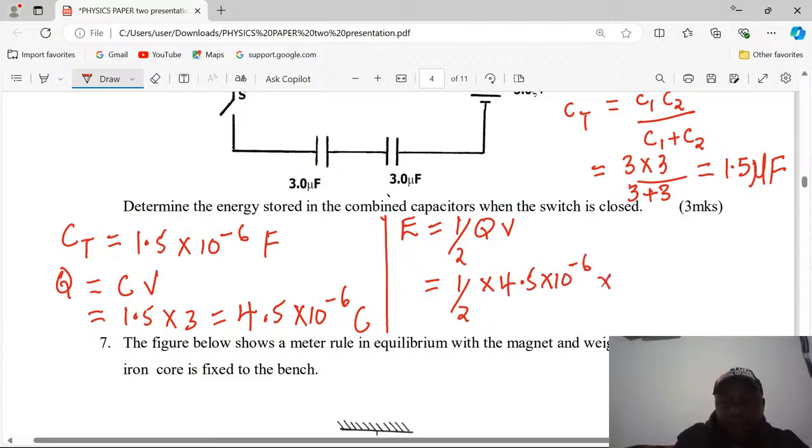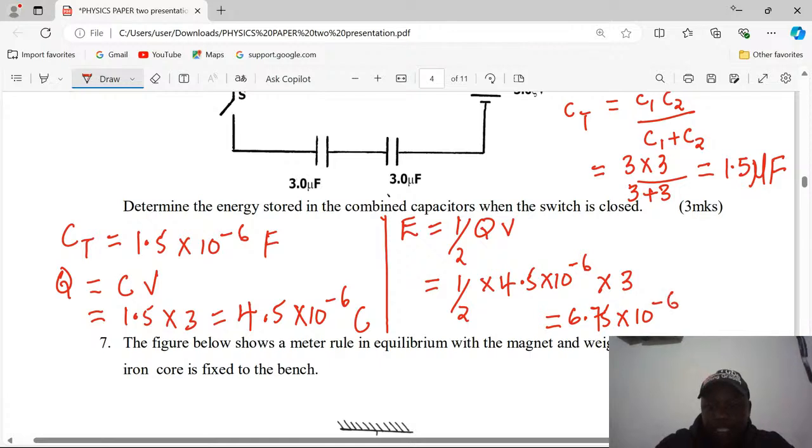Then we multiply this by V, which is 3. So I can multiply this by 3 and also by a half. I'm getting 6.75 times 10 power negative 6. Because it is energy, now we shall talk about joules. Energy in joules.